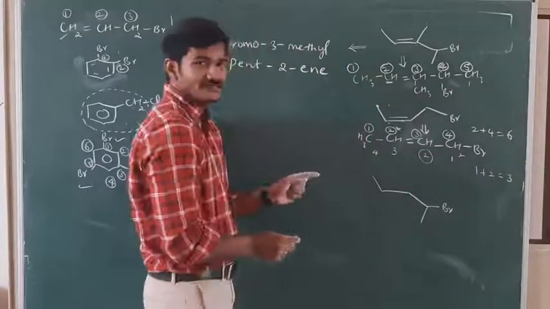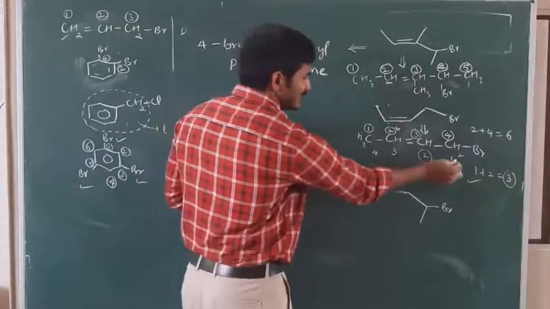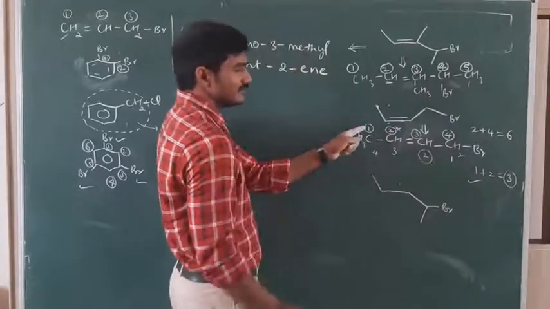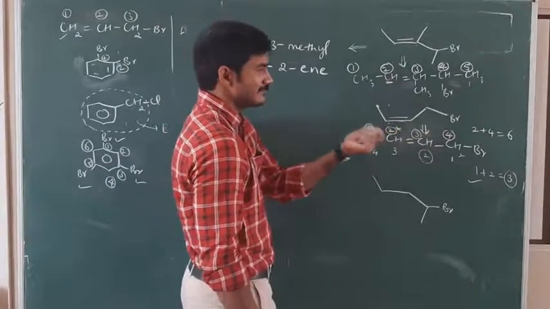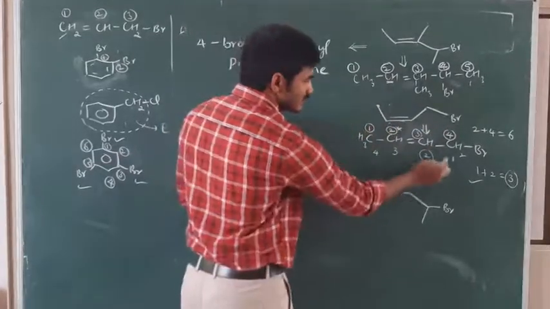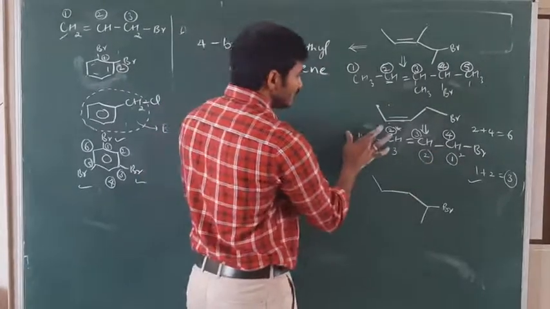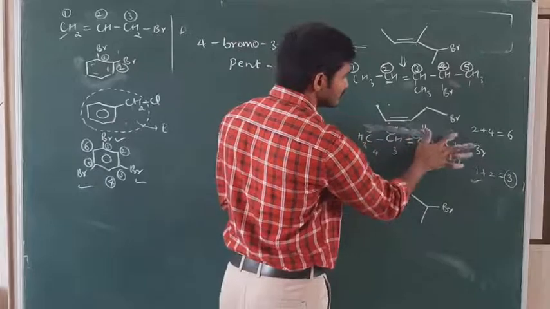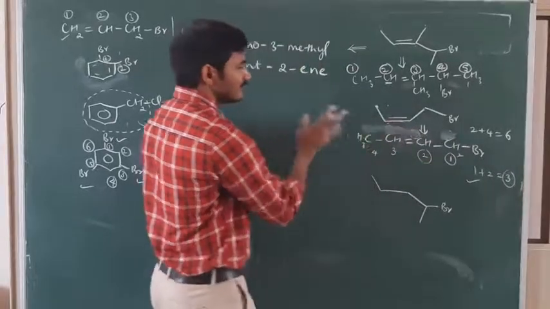Which is the lowest sum? This one, 3. So this numbering is preferred, because 2 plus 4 gives a larger sum and 1 plus 2 gives a smaller sum.